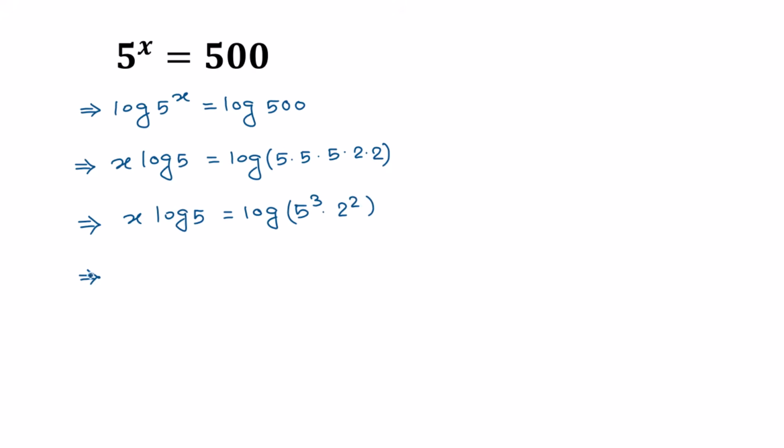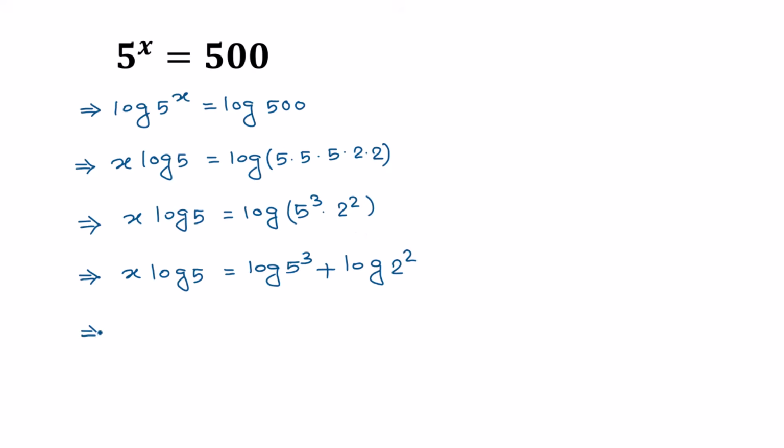Applying the formula log of a times b is equal to log of a plus log of b, we can write log of 5 to the power 3 plus log of 2 square.